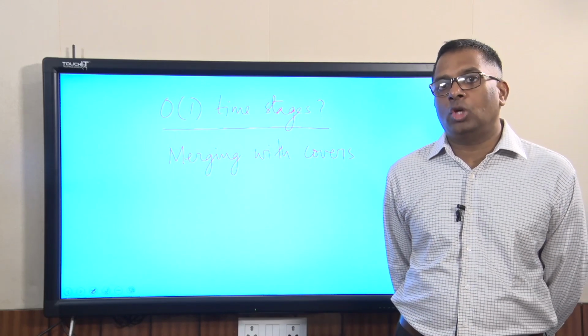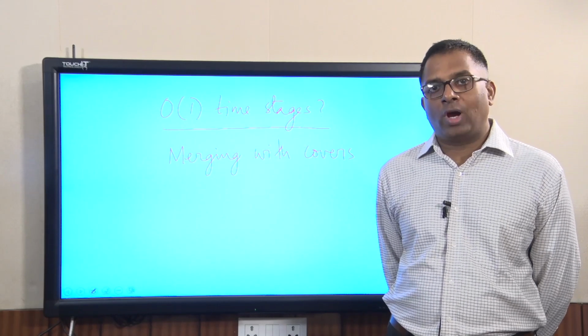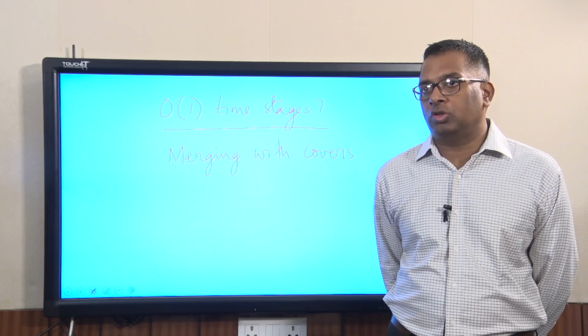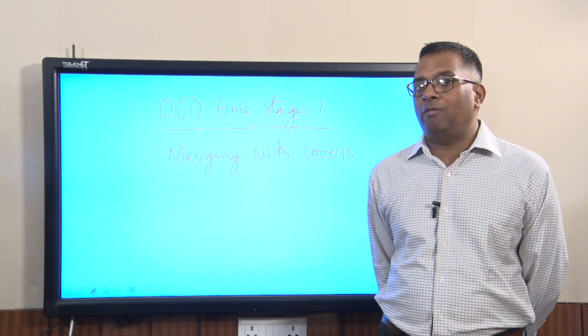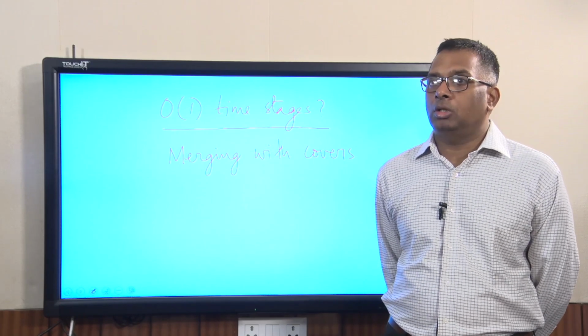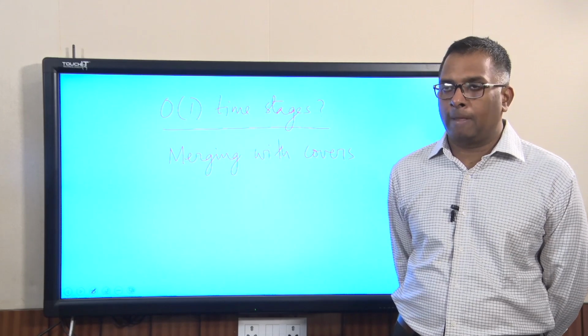Therefore, the merge can be executed in order one time, provided we have enough processors for every sample element at the children and every old cache element at the parent.